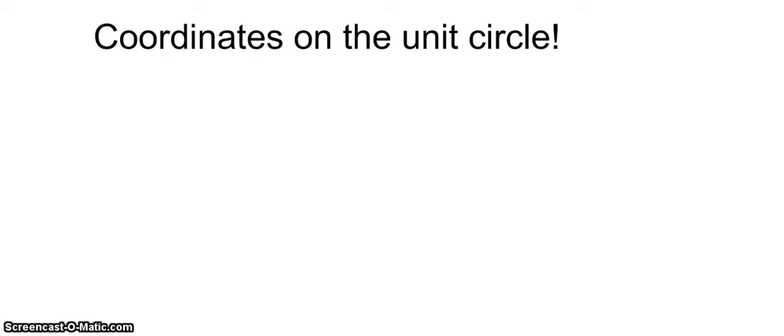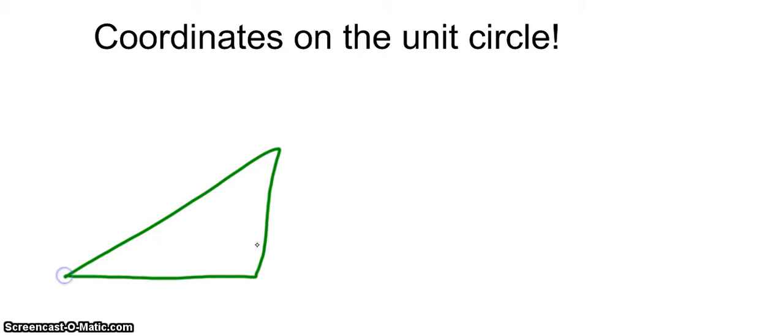Alright, so first thing, let's jump into a little refresher. Remember we did this the other day. If I have a 30, 60, 90 triangle, remember I can label the sides. This is x, this is 2x, and this is x root 3. This is going to be important for today.